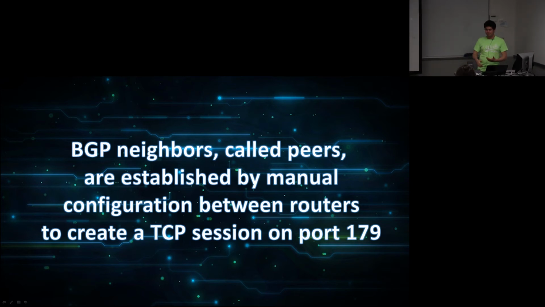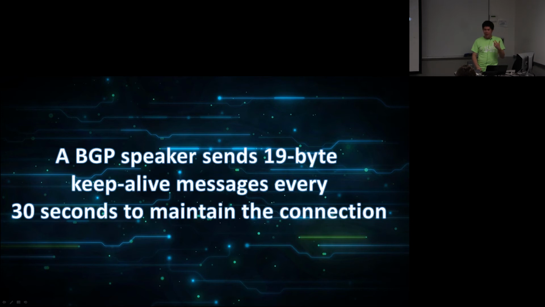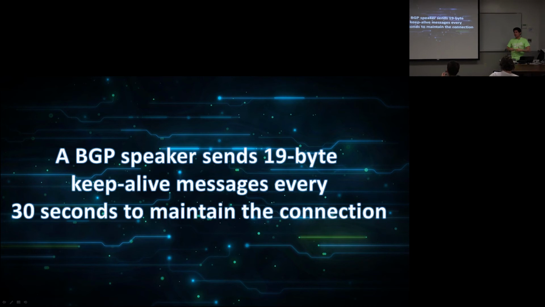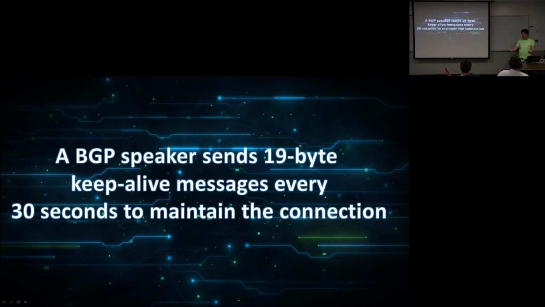So this is the contracts people make between routers, and they create a session. And then every 30 seconds, you try to keep this session up and working. And as long as you have a keep alive message going, internet traffic can flow through those routes. Those routes that are advertised to you by these other peers are available to you.